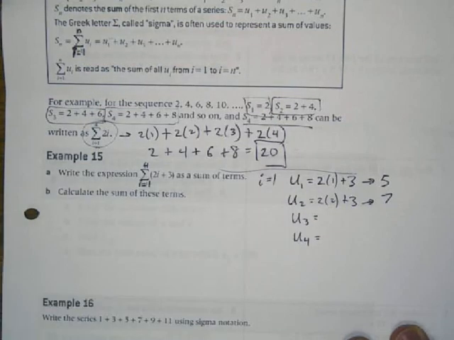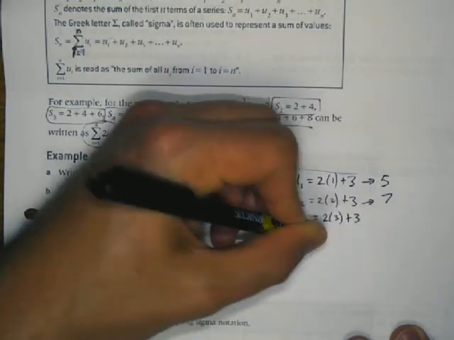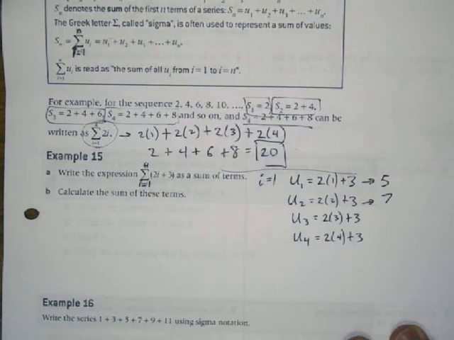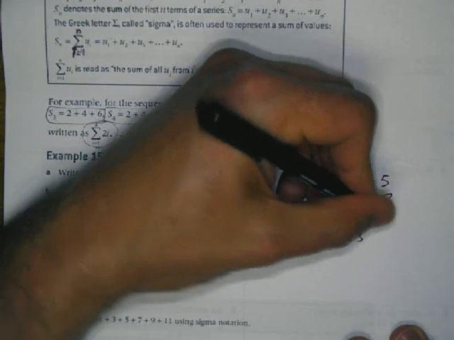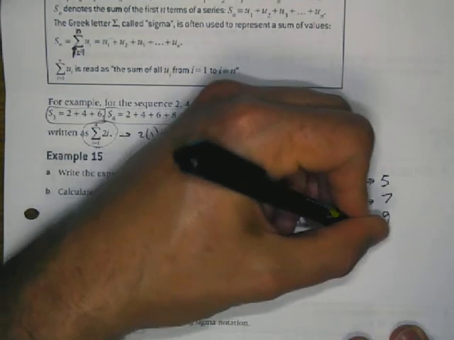We're going to have 2 times 3 plus 3, 2 times 4 plus 3. 2 times 3 plus 3 is going to give me 9. 2 times 4 plus 3 is going to give me 11.